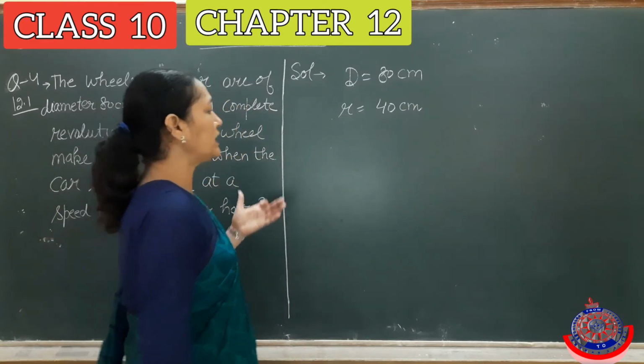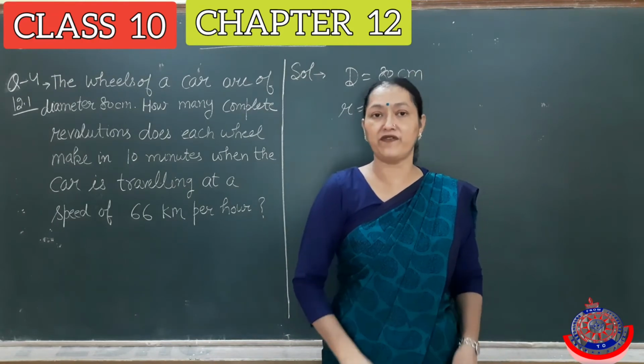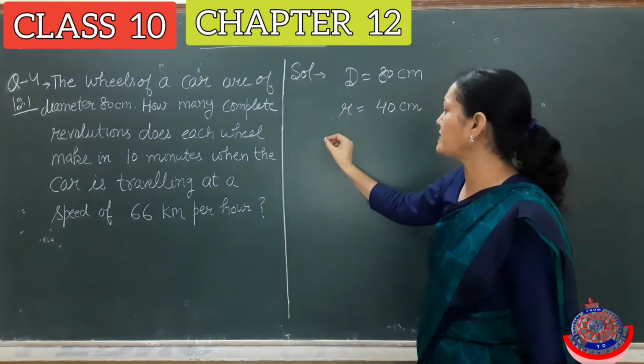Now they are talking about revolution. Revolution means covering the outer boundary, means circumference. So we will be calculating circumference of circle.